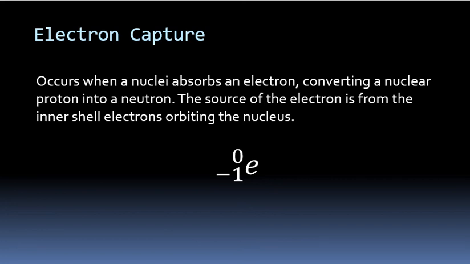Now, since the source of this electron is from those that were orbiting the nucleus, and this wasn't something that was formed out of the nucleus, I'm not going to represent this with a beta, but only with an E. Therefore, if this is an electron capture reaction, you're going to only see the representation of an E instead of a beta.